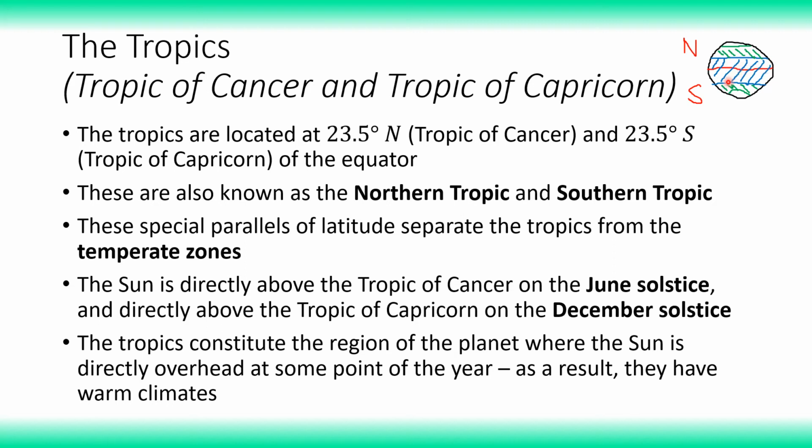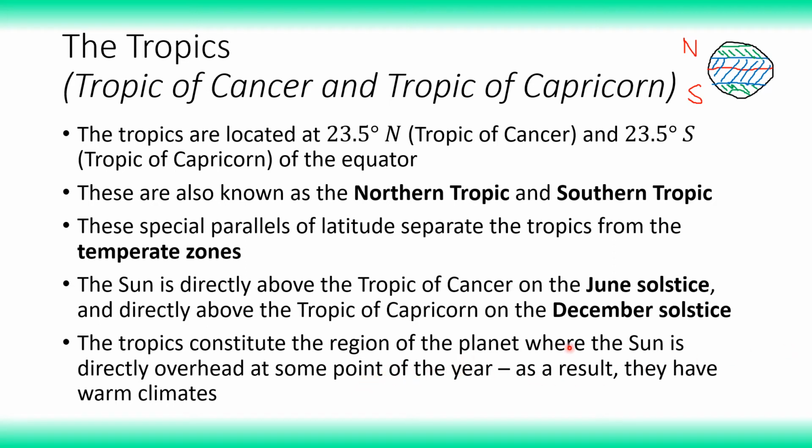And then it'll keep moving south until the December solstice, when it's right over top of this blue line. And then it starts to move back up. And on the March equinox, it's back on the equator. And then as you get back to June, it's back over top of the Tropic of Cancer. That's not the easiest thing to show right now, so maybe that's something that we'll have to talk about more during our next live session on Zoom.